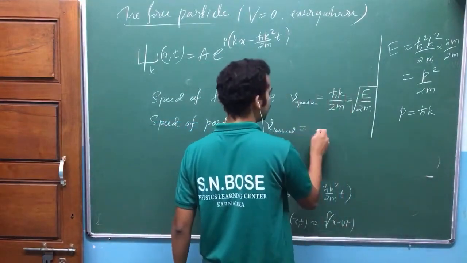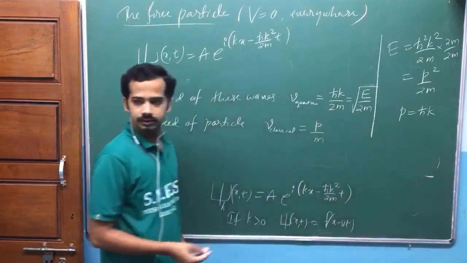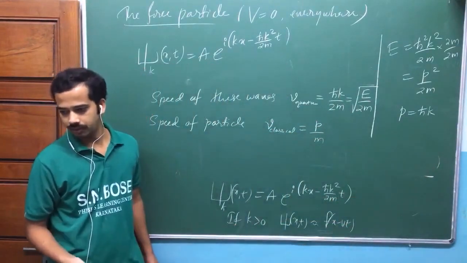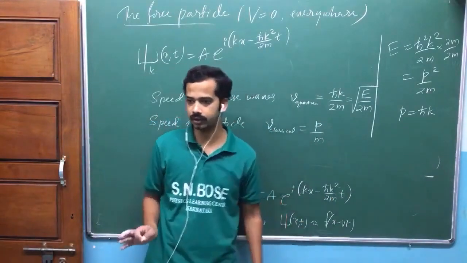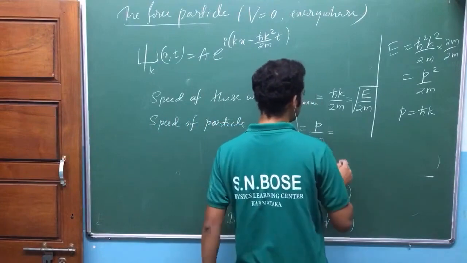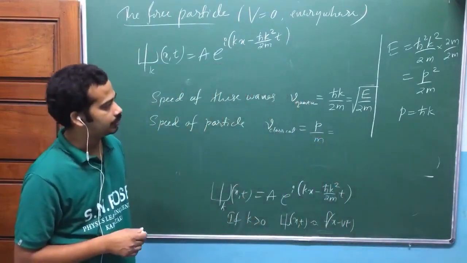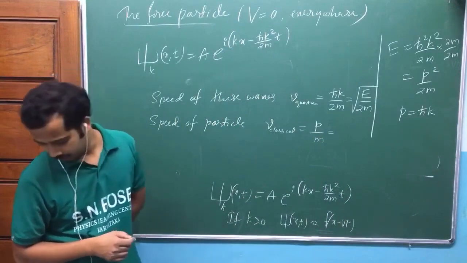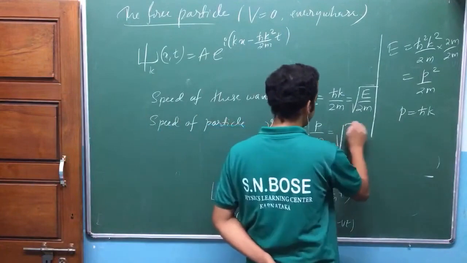I can write this as momentum by mass, simply. A particle moving with non-relativistic speed, you don't have to worry about relativity here. You can write this as p by m. How do you write p by m? I think root of 2E by m. Just check it out.